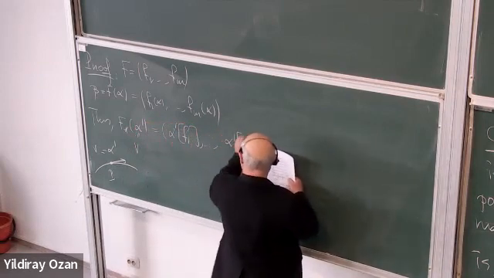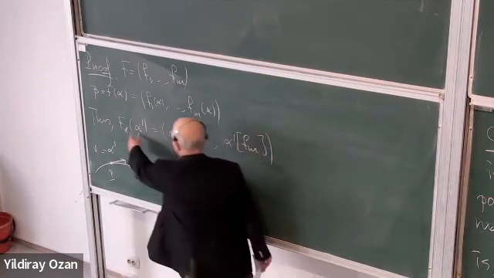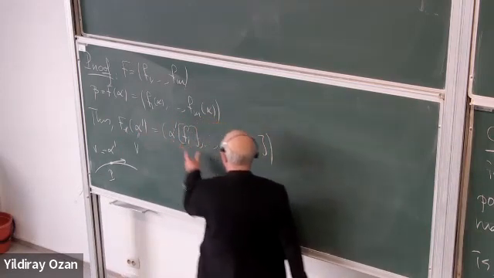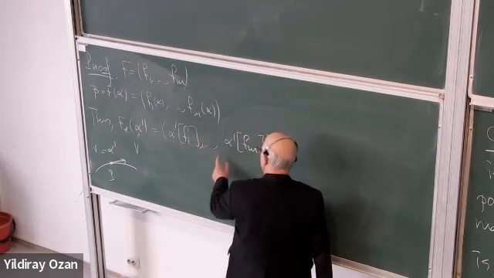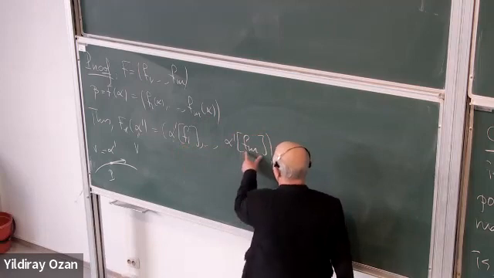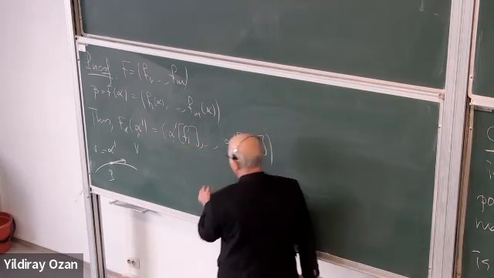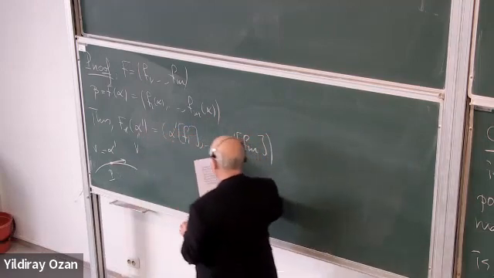Since this is the vector, f star v is just v evaluated on the function f1, comma, v evaluated on the function f2, and so on. Of course, all these things happen at the point P, okay? I compute everything at the point P.